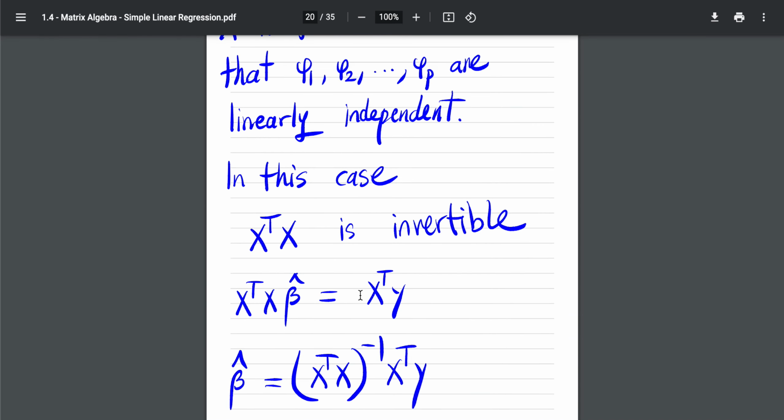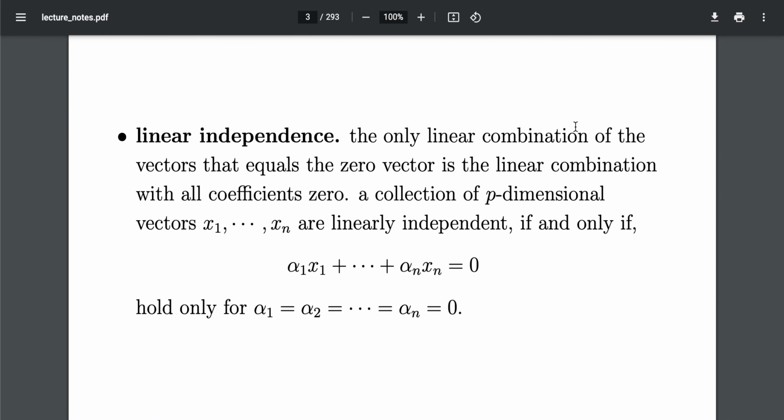Okay, so here is again a quick review. Linear independence. What we mean by it is that imagine we have a collection of p-dimensional vectors x1 to xn.